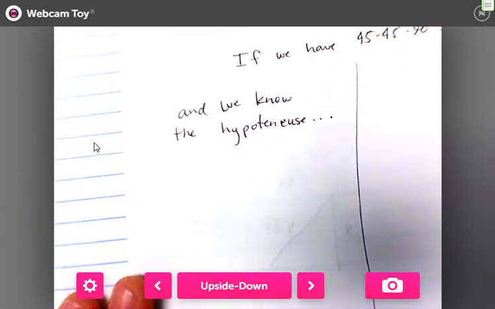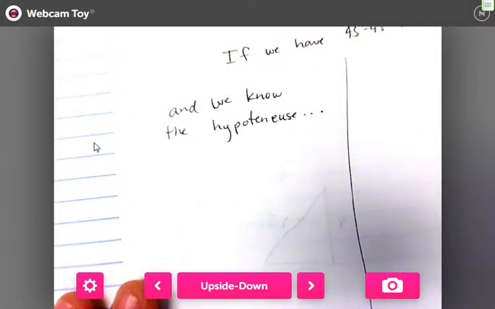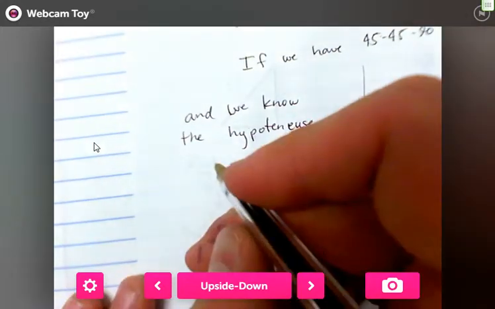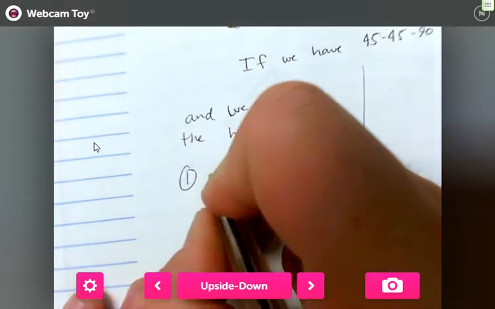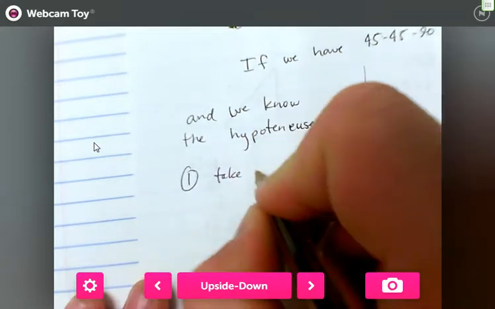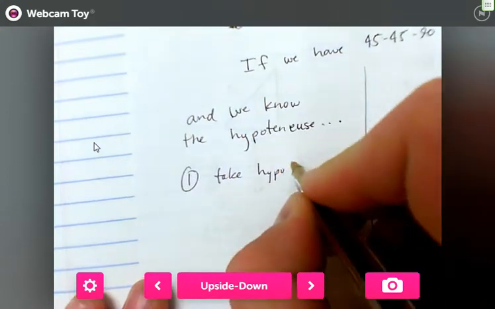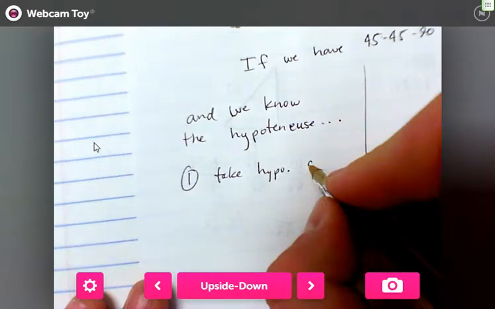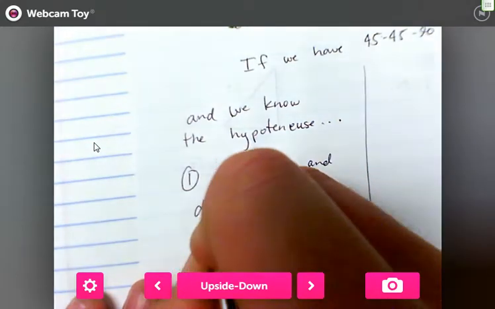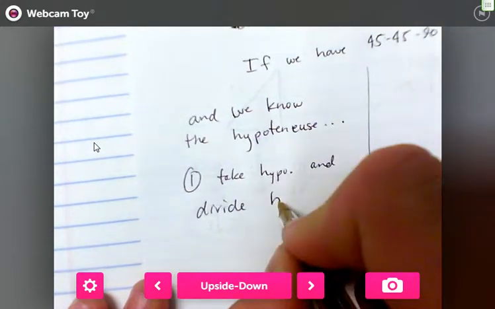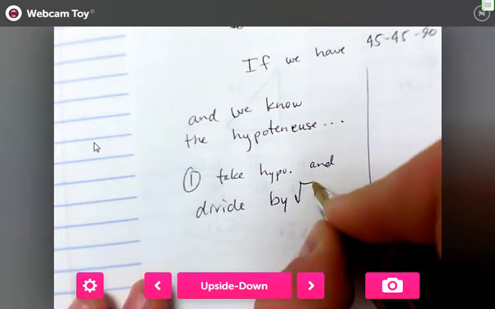We don't multiply by the square root of 2, we divide. Step 1: take the hypotenuse and divide by the square root of 2.